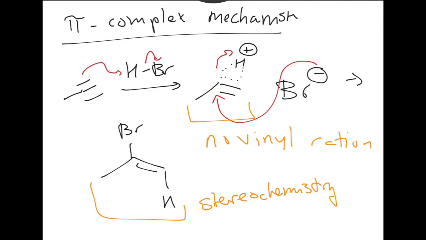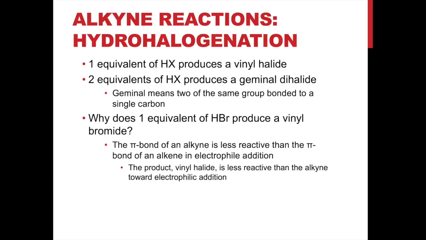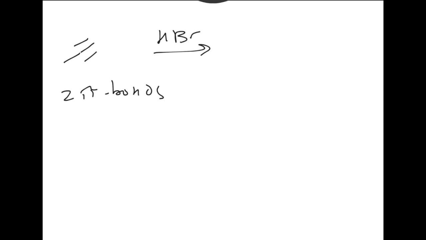Now, if we look at an alkyne, how many pi bonds does an alkyne have? 2. Not a trick question. So in theory, our HBr could react with both pi bonds, right?